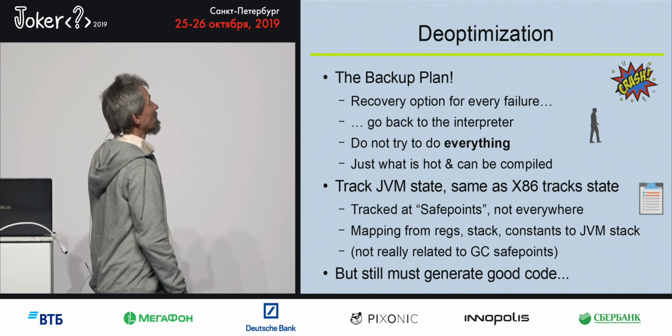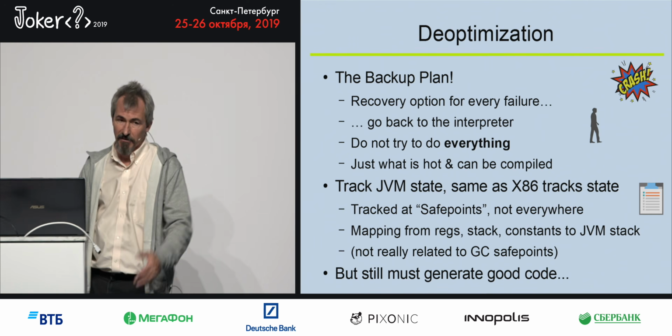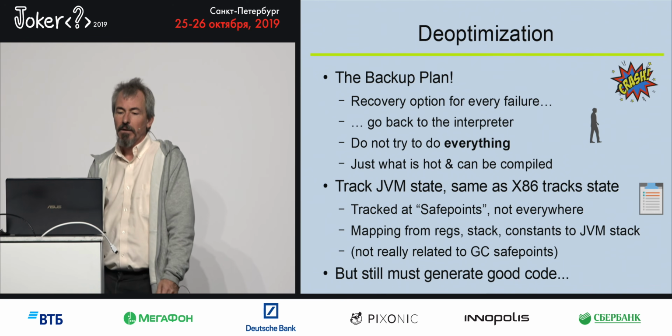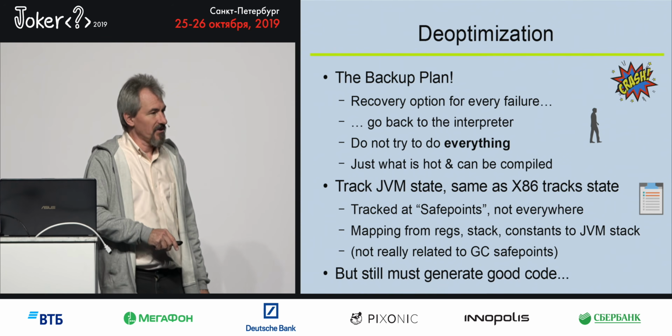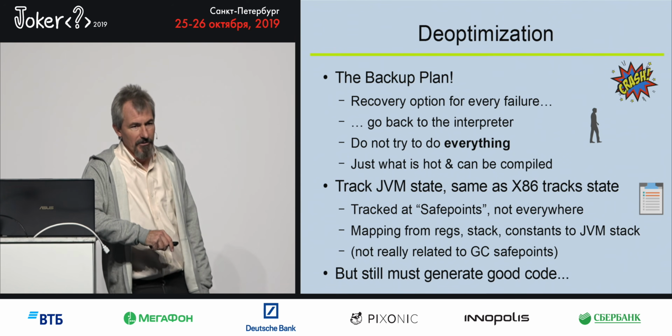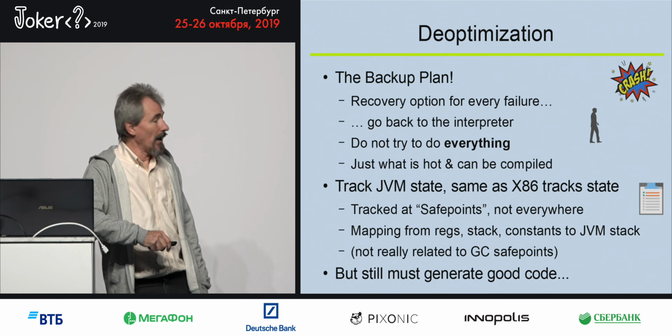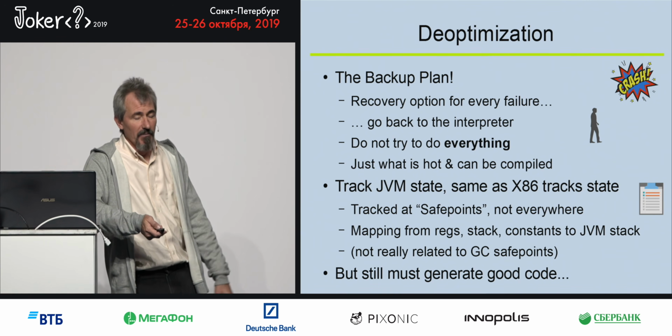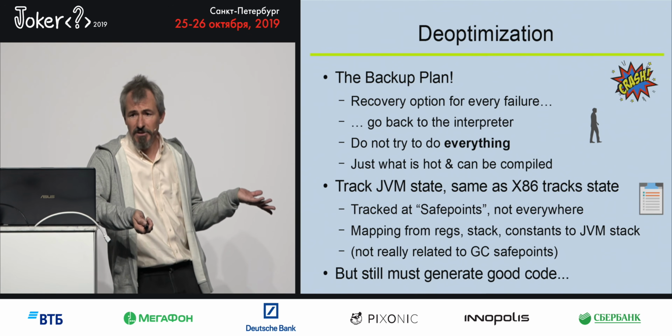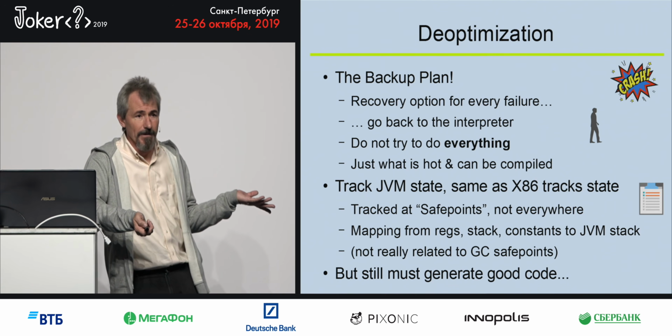Deopt, I mentioned it a bunch. What is it? It's the backup plan. As a philosophical compiler mindset, it's your recovery option for every failure. Just go back to the interpreter. Do not try to do everything in the compiler. I will definitely look at a TLAB to do an allocation by a bump pointer, but if the TLAB fails, I am not jitting code to do a GC. I'm just going to bail out, right?